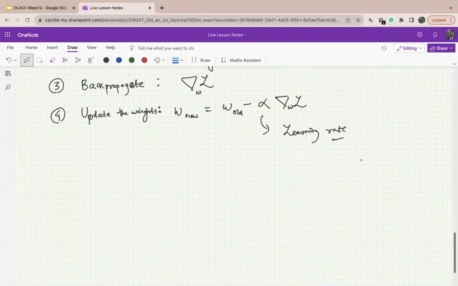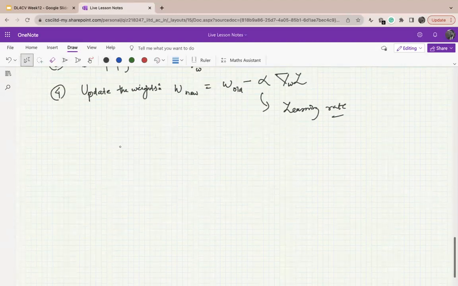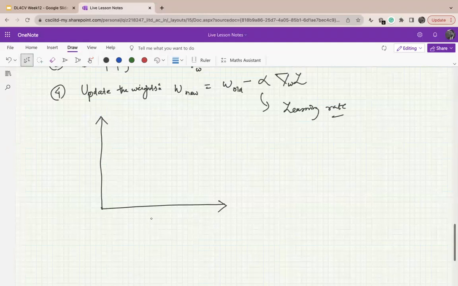So if you know about this plot, where you plot W against loss, let's say you are initially here.